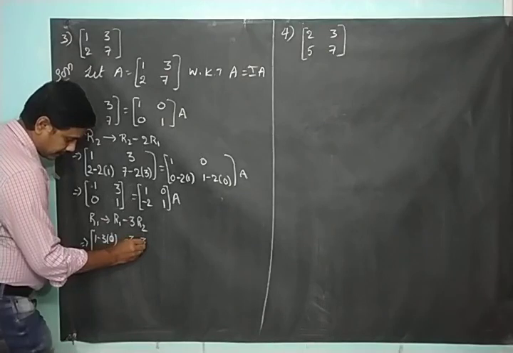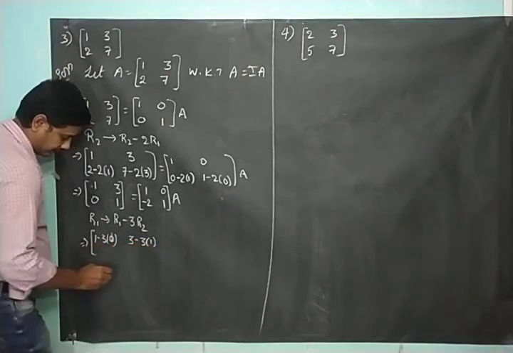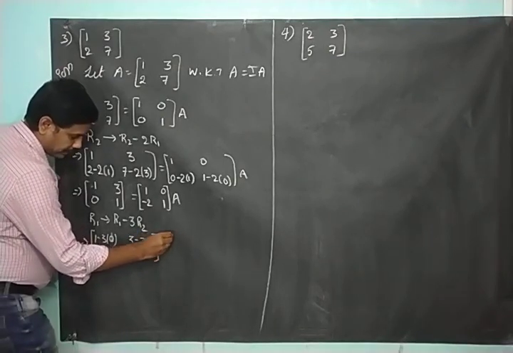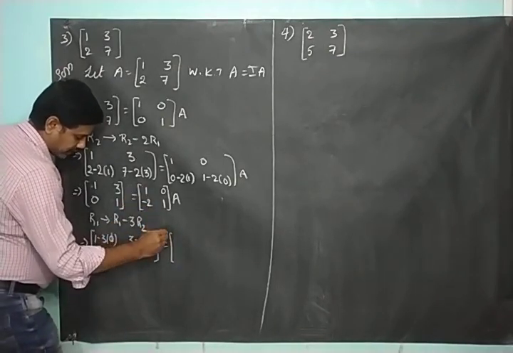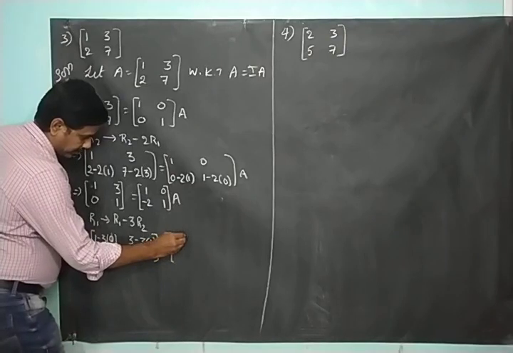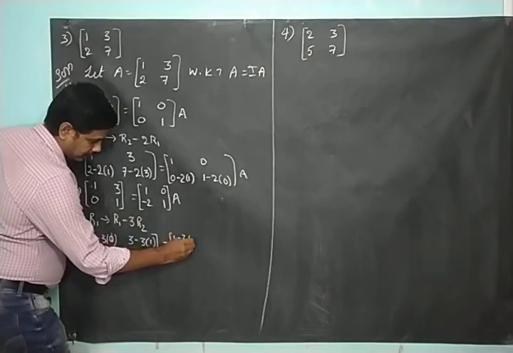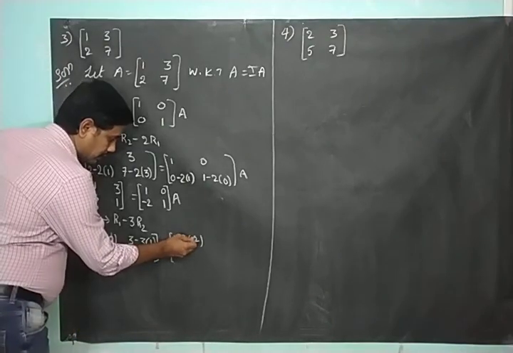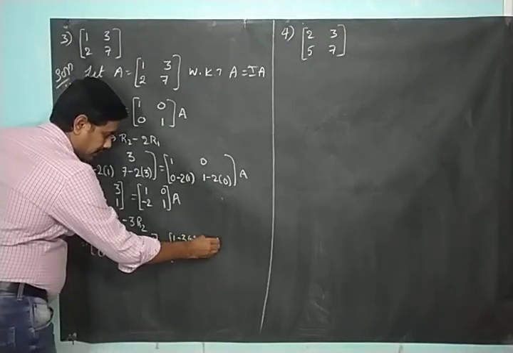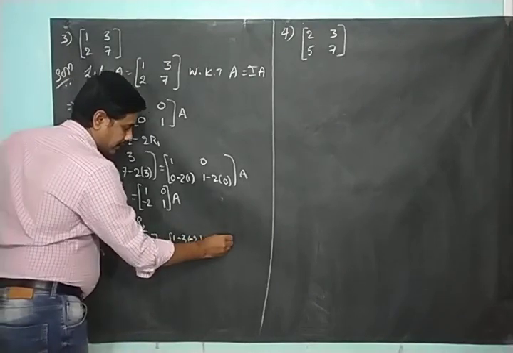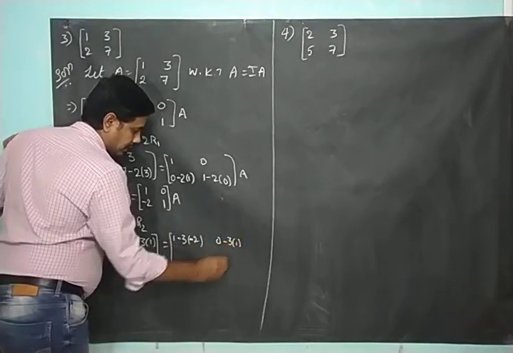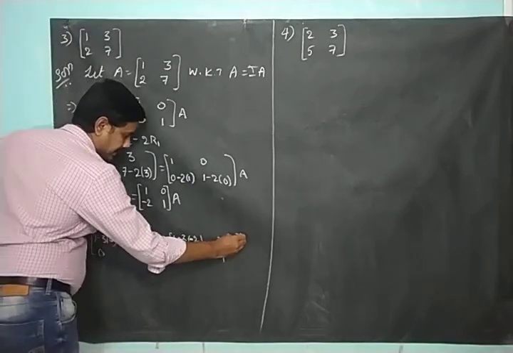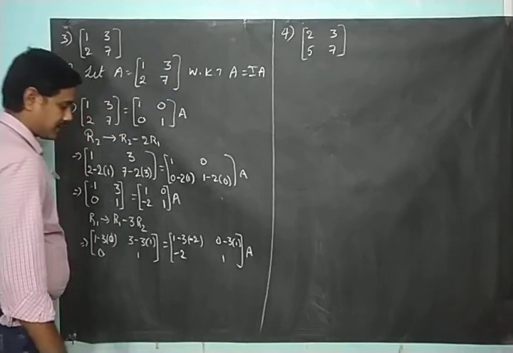minus 3 into 1 and here 0, 1 as it is will be equal to R1 here is 1 minus 3 into R2 is minus 2. Okay, and here R1 is 0 minus 3 into 1. And here minus 2, 1 as it is, A as it is.